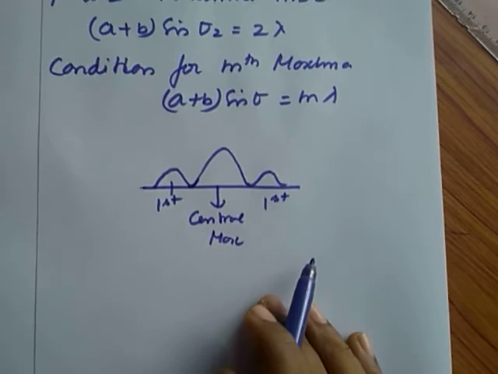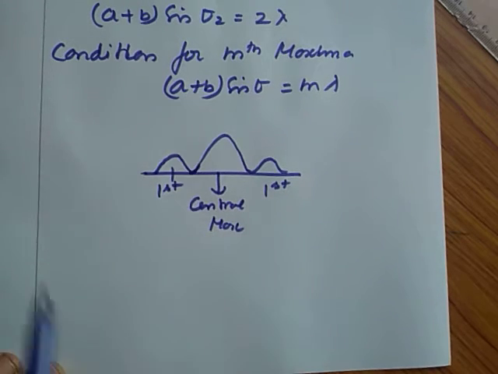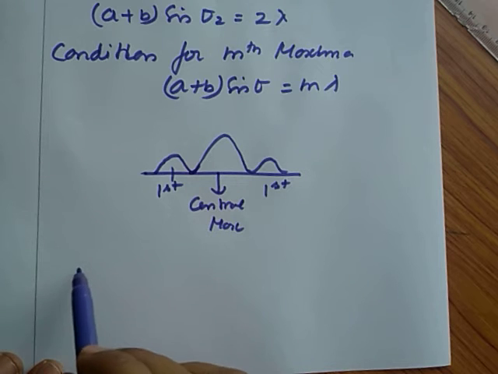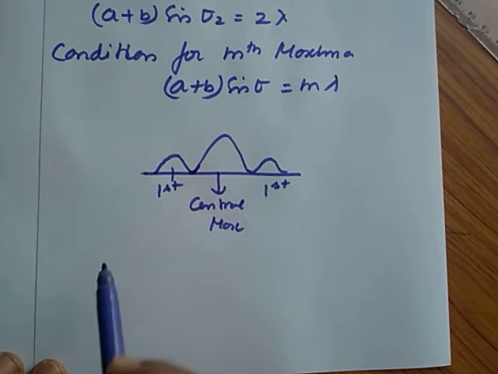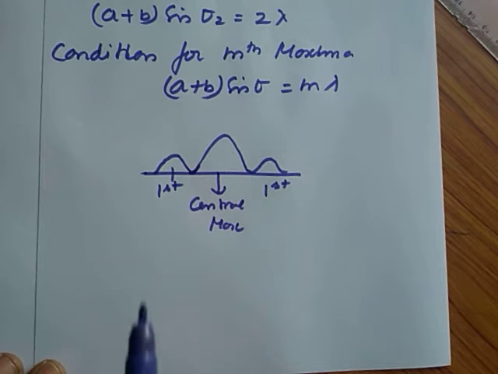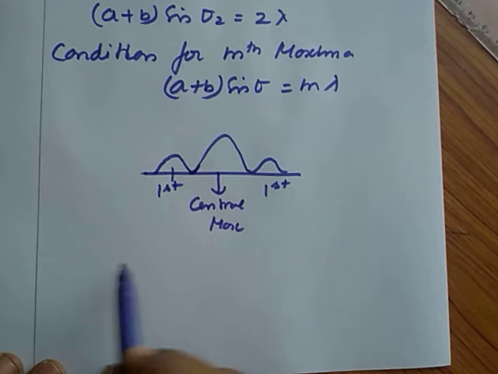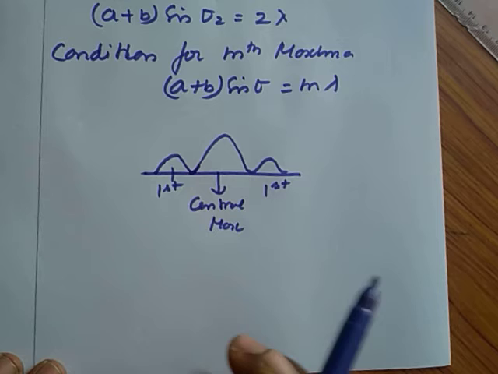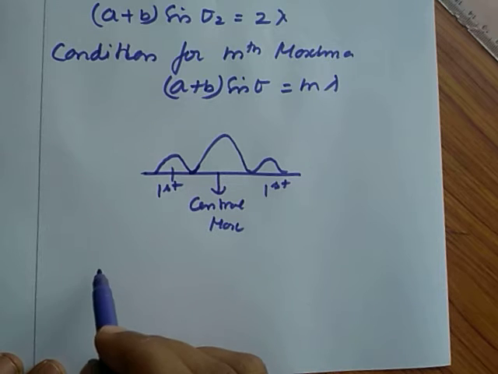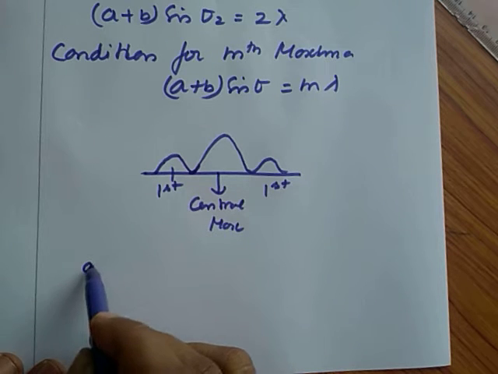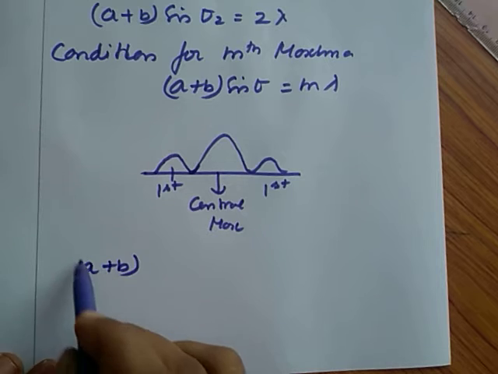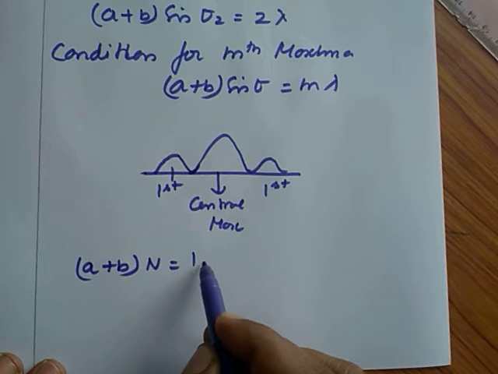We can write this equation in terms of n. We need to know first of all what a grating element is. A grating element is the combined width of the slit and the ruling. Here there are n number of grating elements. In 1 meter length, A plus B times n is equal to 1 meter.